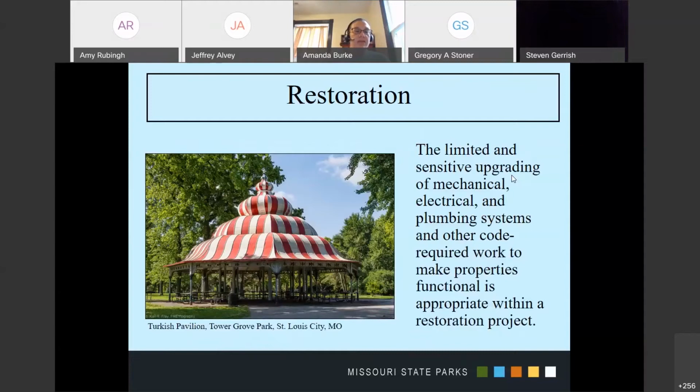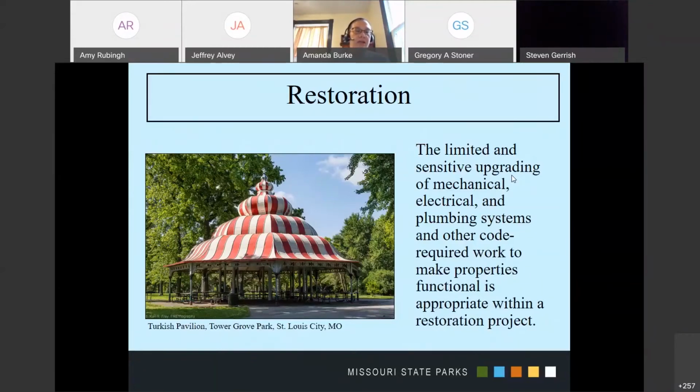There's a limited upgrading to mechanical and electrical and plumbing systems, just to what is appropriate to make the property function. So there's no additions in this standard. If you were wanting to do a hybrid, then you would be in rehabilitation.